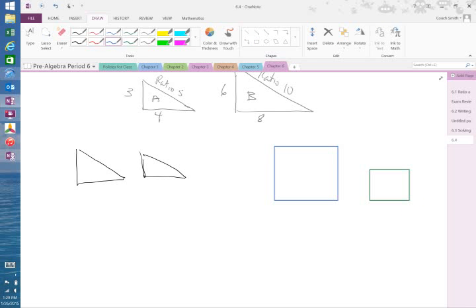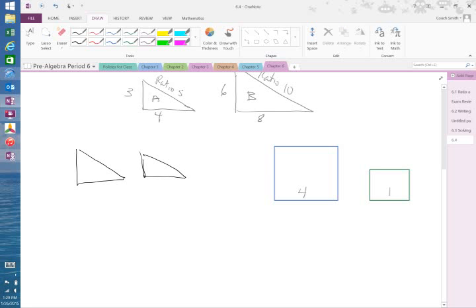Now, those could be similar. They're obviously not congruent because they're not exactly the same height or anything like that. They could be congruent, but they don't necessarily have to be. They could be similar, but maybe not. For example, let's say that they said this side was 4, and they said this side is 1, since it's obviously smaller than the other one.